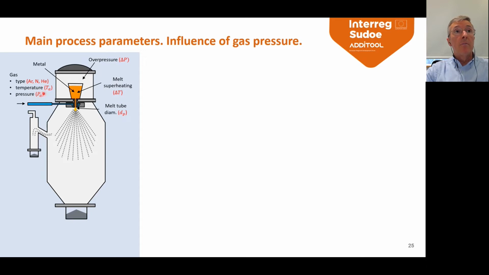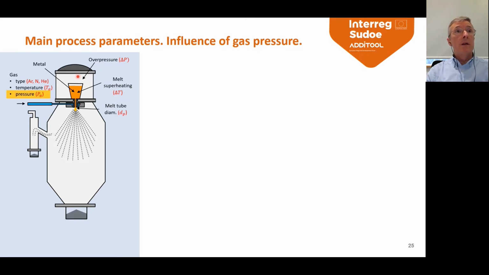And the main variable is you can choose atomization pressure. You can also choose the diameter of the melt delivery tube, which determines the amount of melt that goes down. You can choose the melt superheating, how high you can go in temperature over the melting point, and overpressure, which is the pressure that you can put here when you fill it with inert gas.